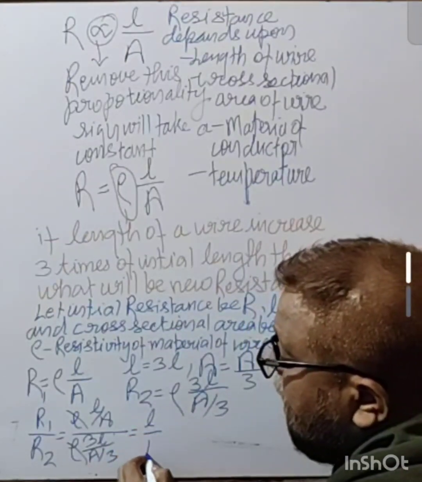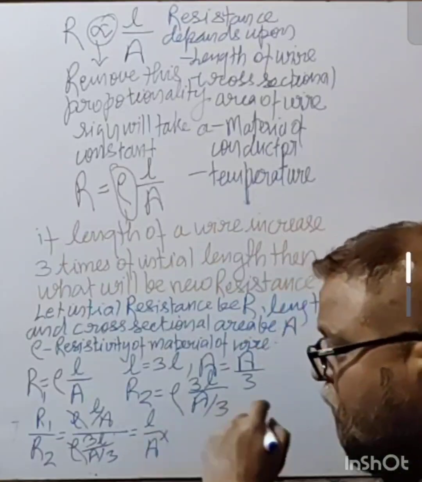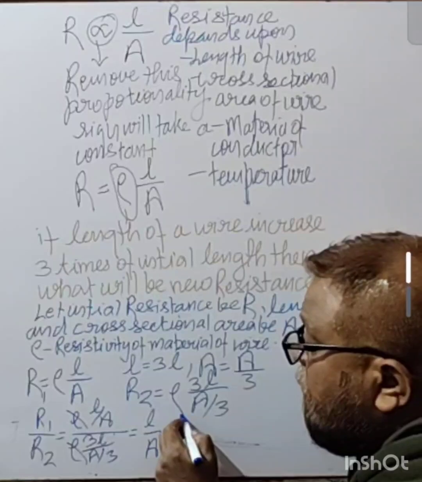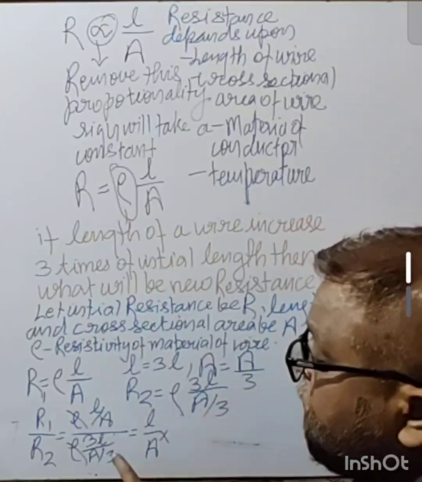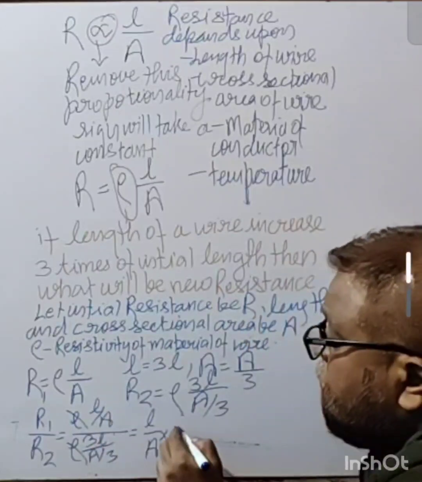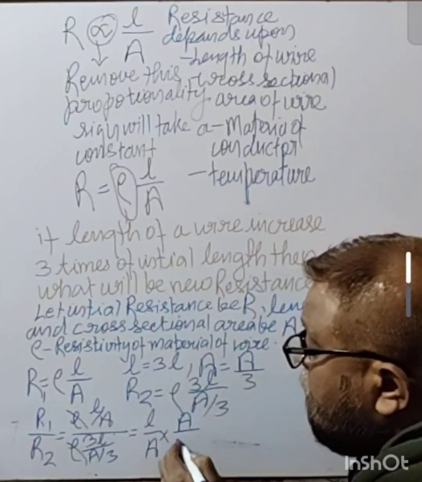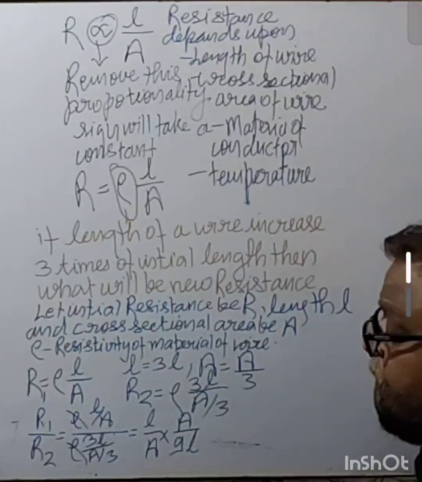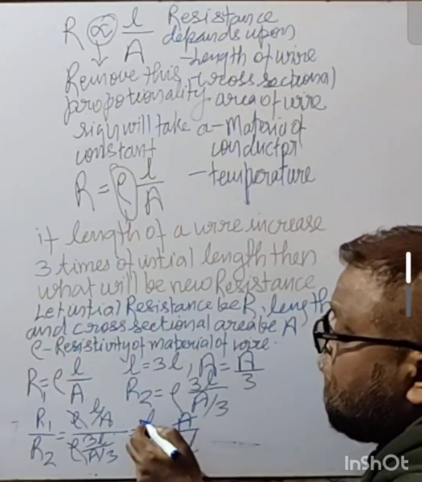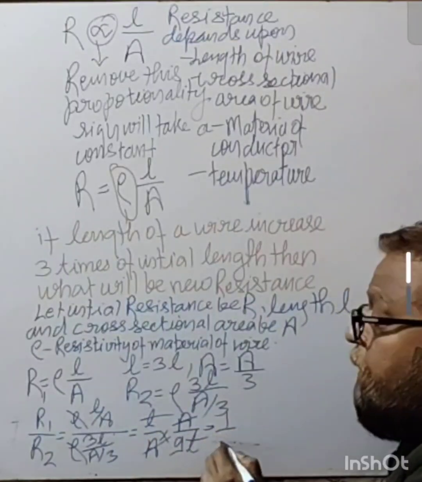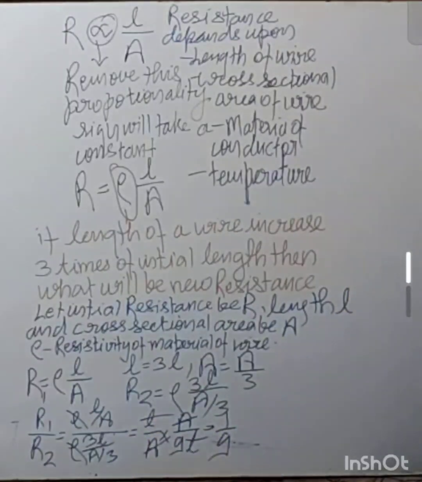So you get L upon A into this 3 will go up, it becomes 9L upon A. This A and A is cancelled out, L and L is cancelled out. So you get 1 upon 9. What is the meaning of it?